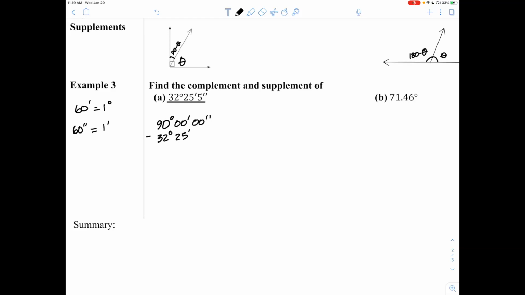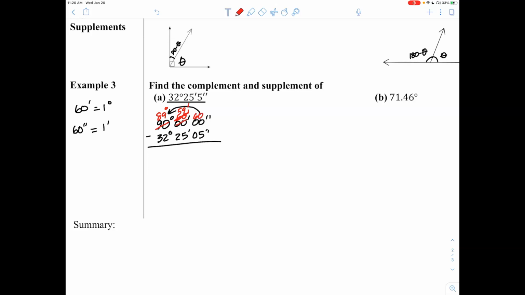But let's see, 0, 5. All right, so how do I go about solving this? I have to borrow because I have to take 5 seconds away from 0 seconds. So I have to go all the way to here and borrow 1 degree. That's now 89 degrees, which gives me 60 minutes. And now I can borrow 1 minute in the form of 60 seconds by going from 60 minutes down to 59 minutes.